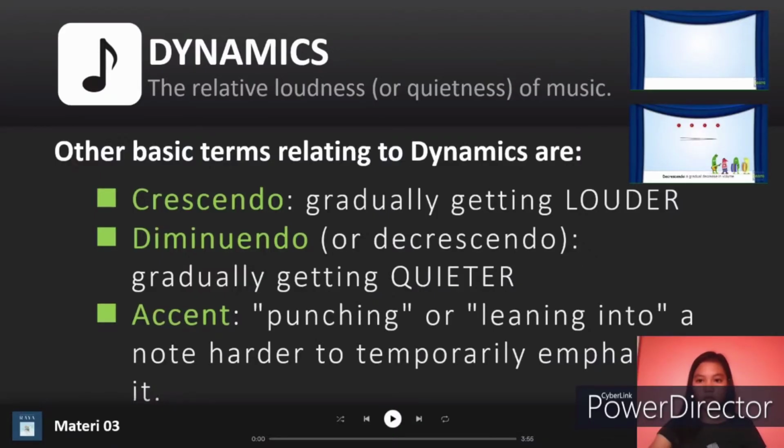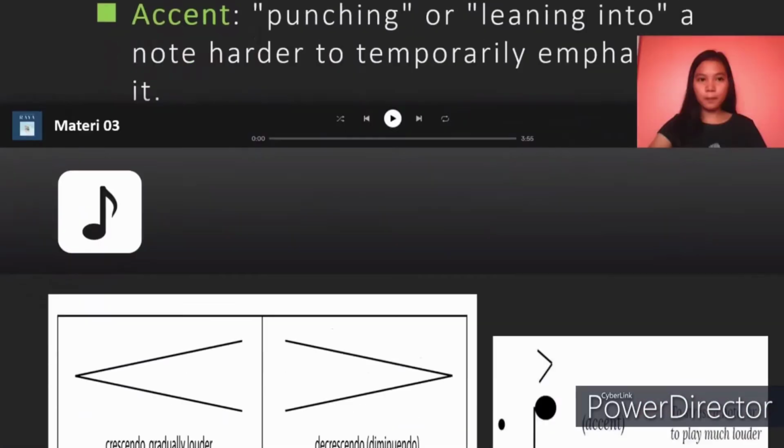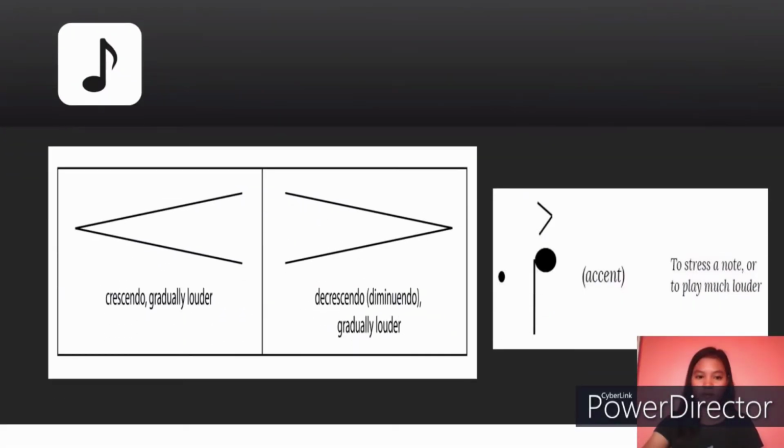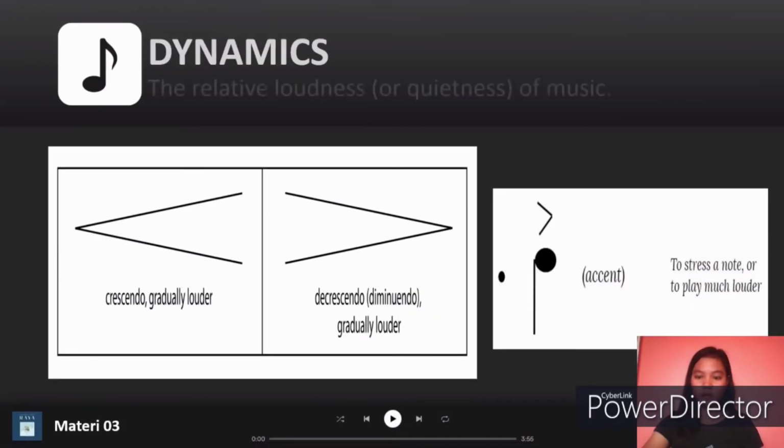So, that was the difference of crescendo to decrescendo. Next. So, ganito yung itsura ng crescendo, decrescendo, and accent.